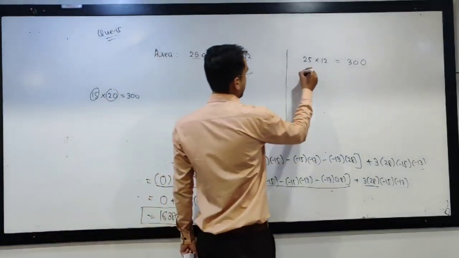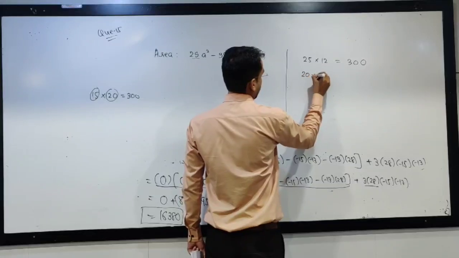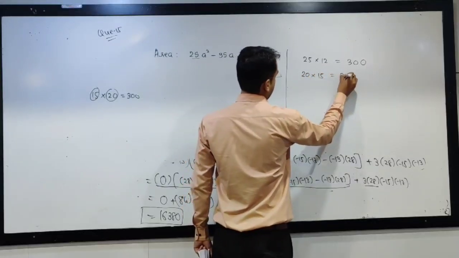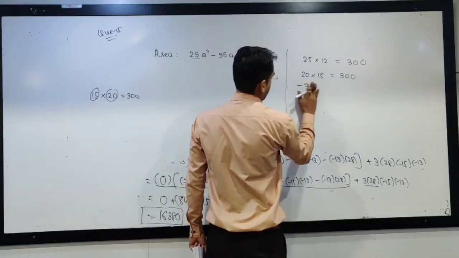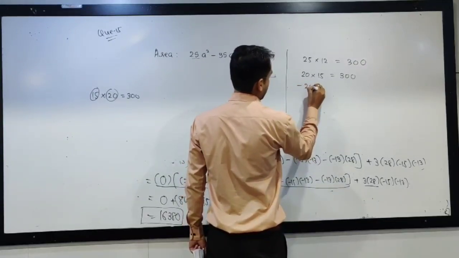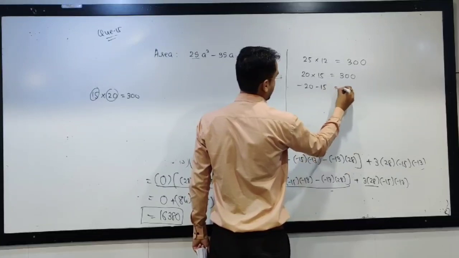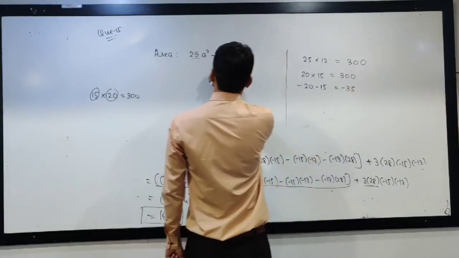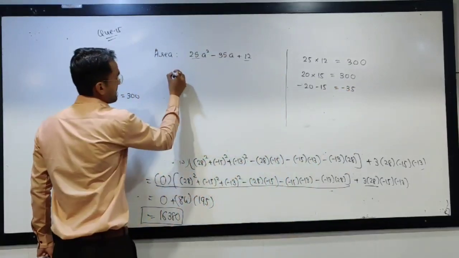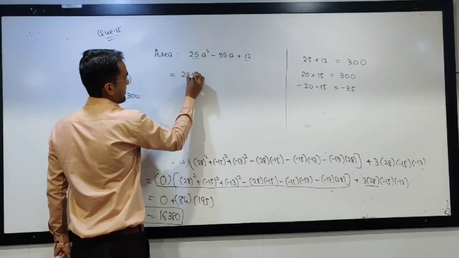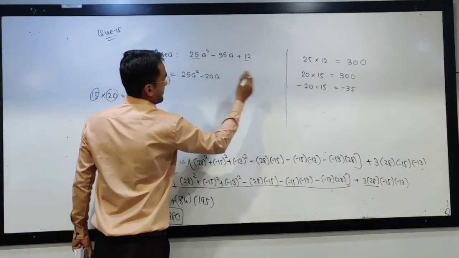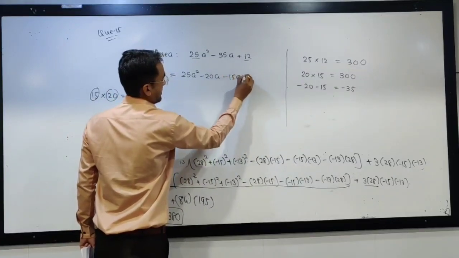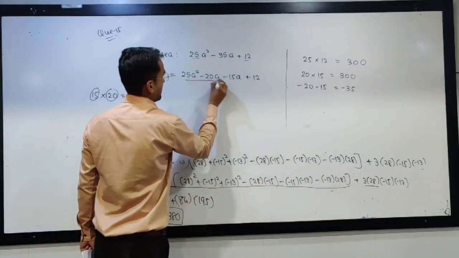So what will be your answer? 20 into 15 is equal to 300. Now I want 35 and it will be minus. So minus 20 minus 15, it will become minus 35. So instead of this, I will write these two. So here 25 a square, 20a, 15a.